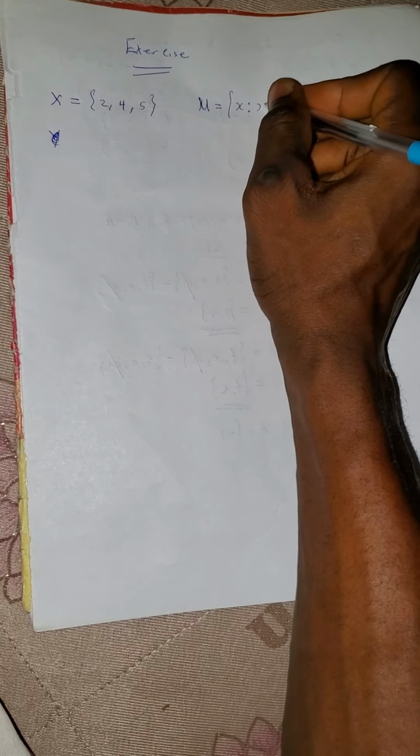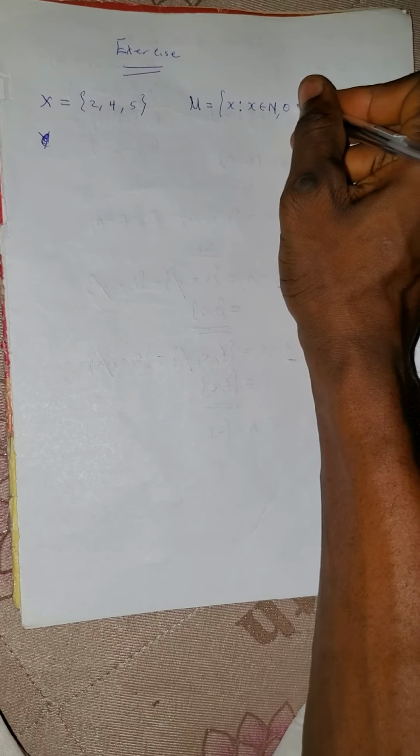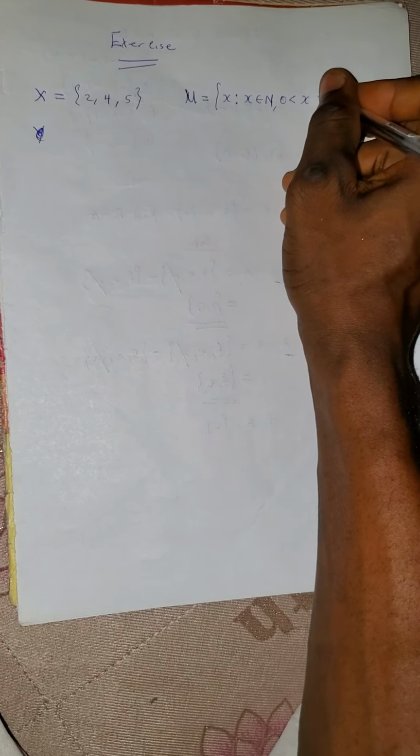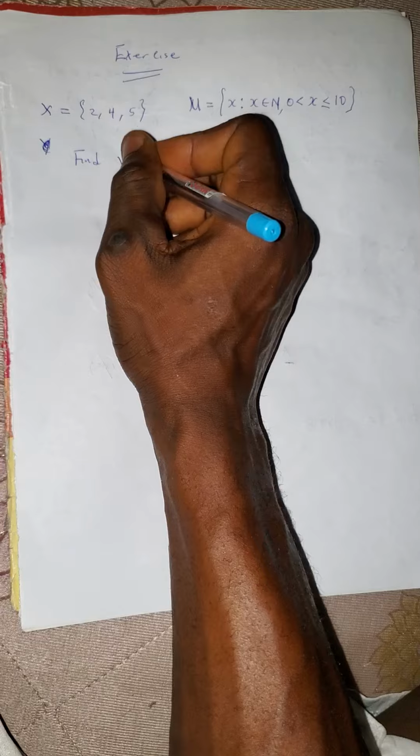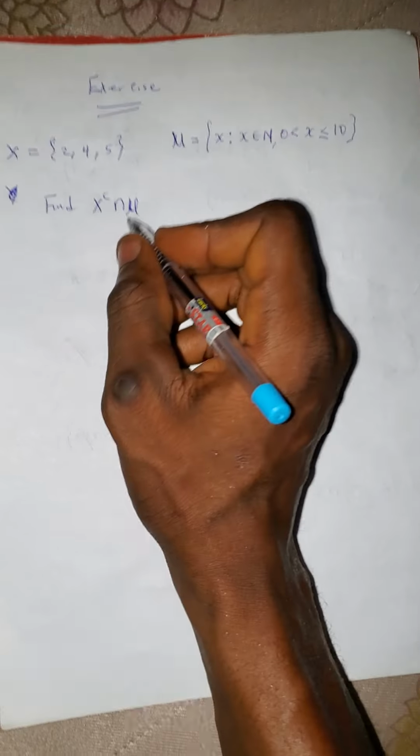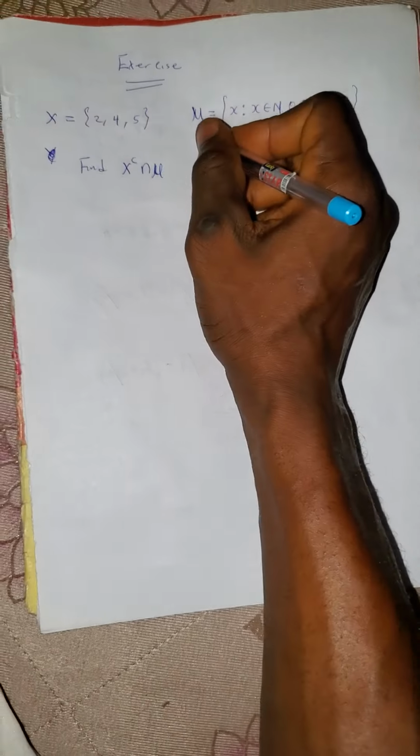Universal set is X such that X is an element of N, 0 is less than X, less than or equal to 10. The question now says, find X complement intersection universal set.